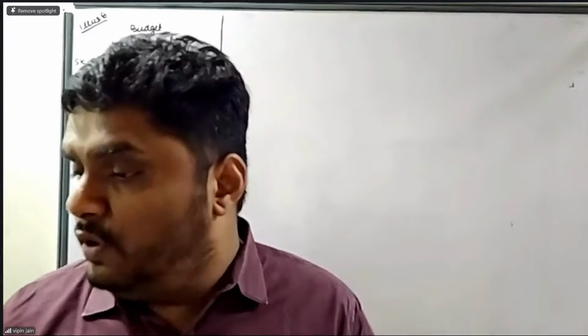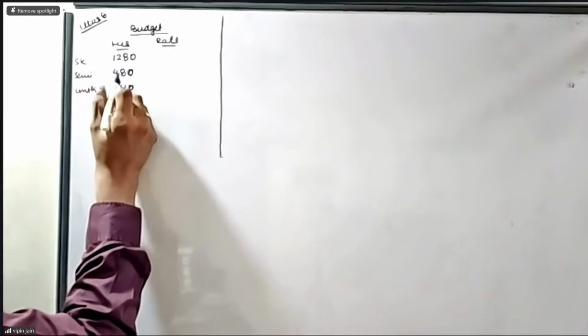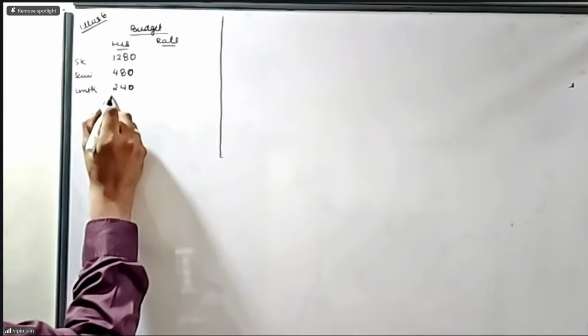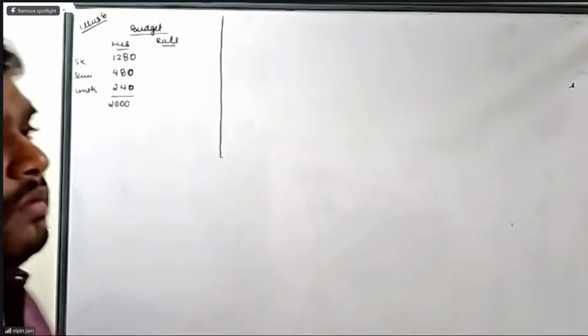And 6 into 40, it will be 240 hours. The rate is given as 3, 2, and 1.